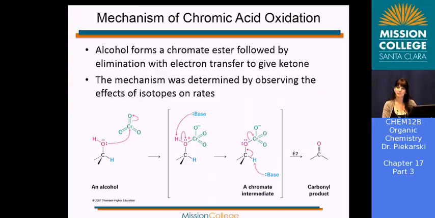The mechanism was determined by observing the effects of isotopes on rates. So it's been studied quite extensively. I talked a little bit about kinetic isotope effects before in previous lectures, and you'll hear me talk about it a little more later on. How do they really know that these mechanisms are happening?